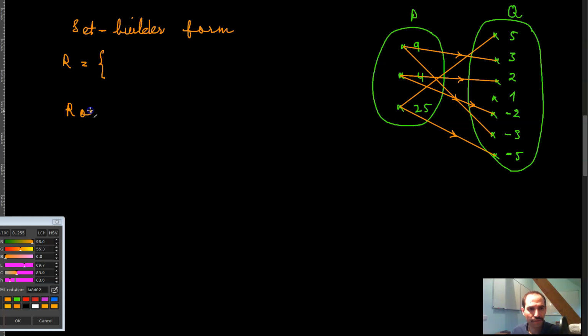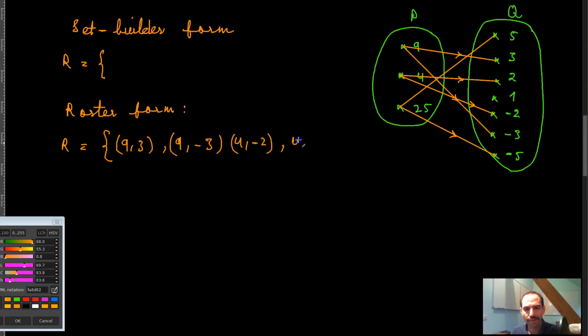In roster form, the relation R could be: (9, 3), (9, -3), (4, -2), (4, 2), (25, -5), and (25, 5). Right? So that is the set that I have, and that is the relation R.